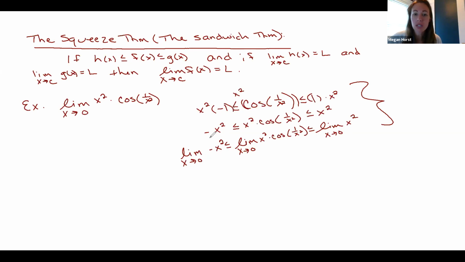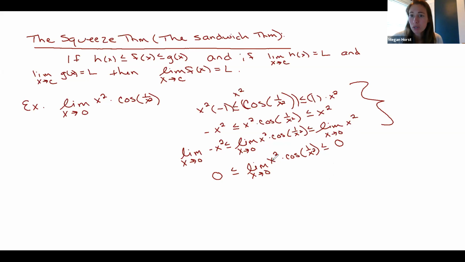The limit as x goes to 0 of negative x squared is just 0. I can't analyze the middle one yet. We already talked about that. I can't sub in for that denominator because I get an undefined expression within my cosine, and that's not feasible. And then the limit as x approaches 0 of x squared is also 0. So notice now this function is living between 0 and 0. So there's no other value that it could possibly be, right?